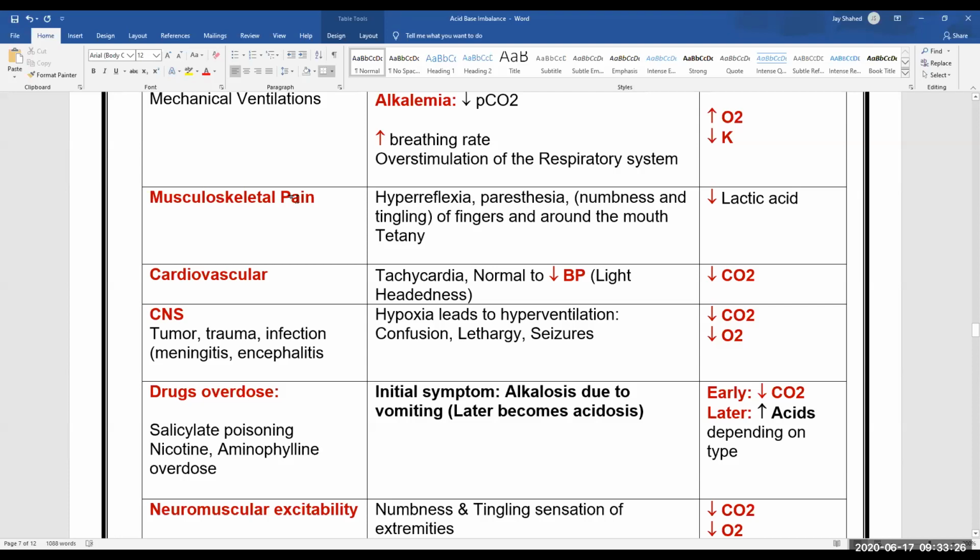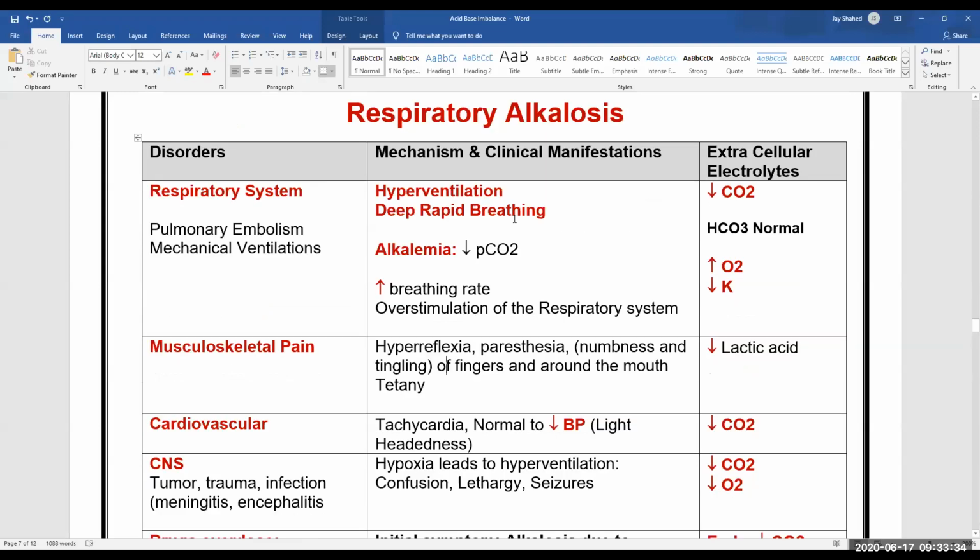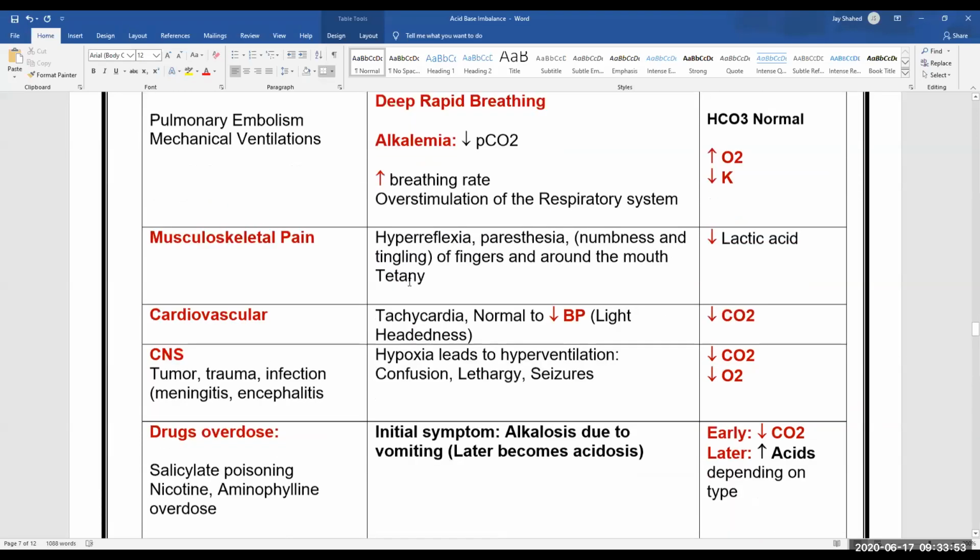And when you have pain in the muscles, it could be due to an increase or decrease, but in this case we are hyperventilating, so we are causing the muscle to work a little bit more. And with that, we decrease the lactic acid. Sorry about this, hold on a second.